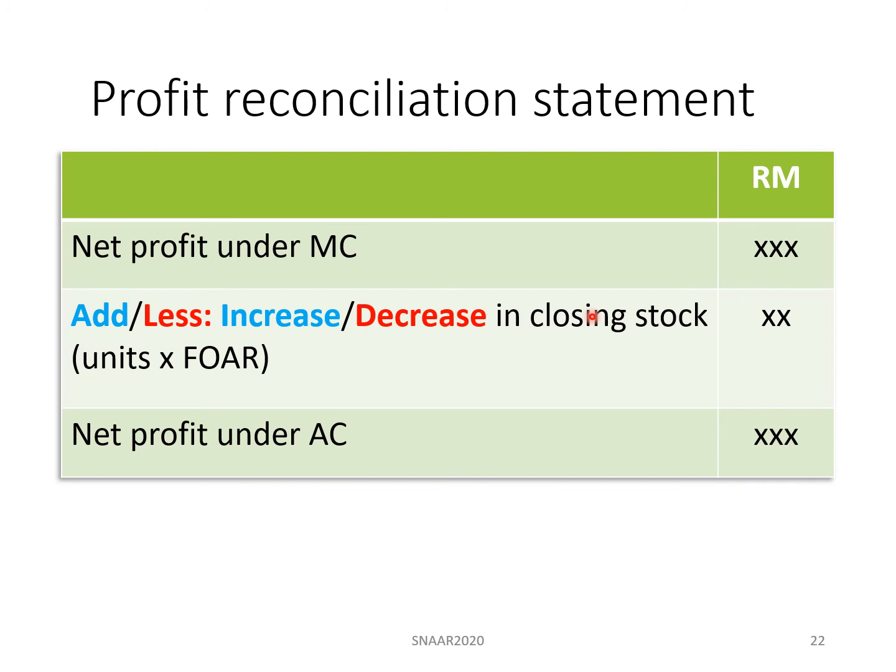So, kalau dia opening 0, closing 10,000, so dia increase by 10,000. So, darab dengan FOAR, so dia dapatlah net profit under AC. So, this is where the magic happen, where you can see that this profit under MC, sebenarnya dia sama, boleh reconcile balik dengan net profit under AC.